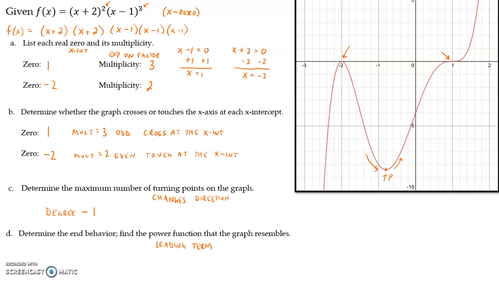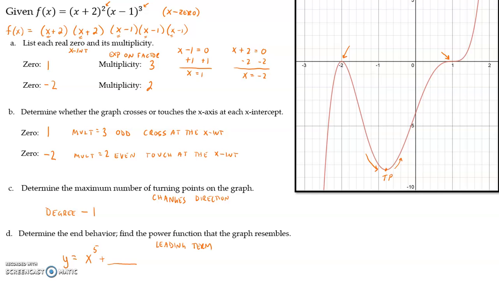And let's just find the first term, which is really just multiplying each of these first values times each other. So I've got x times x times x times x times x, which is going to give me x to the 5th power. So my leading term here is going to be x to the 5th power. Obviously, if I kept multiplying that out, there would be more terms after that, but I only want the first term. That's my power function, and this graph is going to resemble a function of x to the 5th.